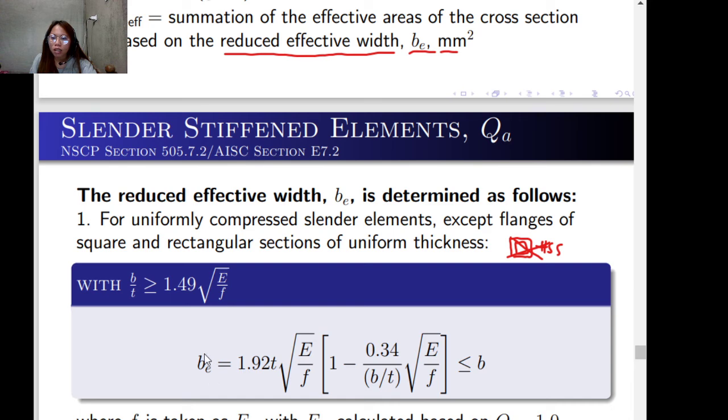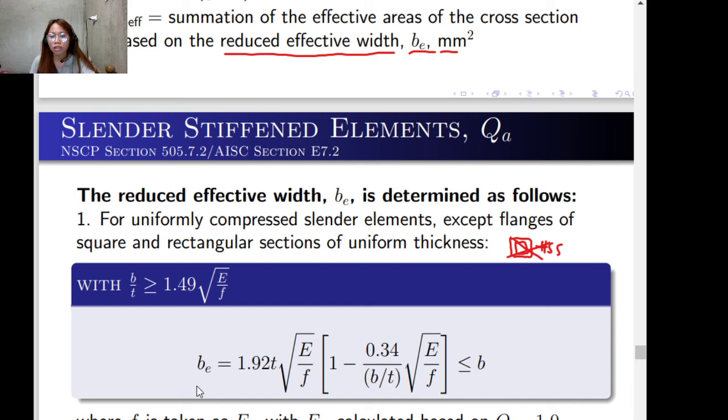use b sub e, the reduced effective width, equal to 1.92 t, this is the thickness, square root of E over f, small f, times the quantity 1 minus 0.34 over b over t square root of E over f, should be less than or equal to b.